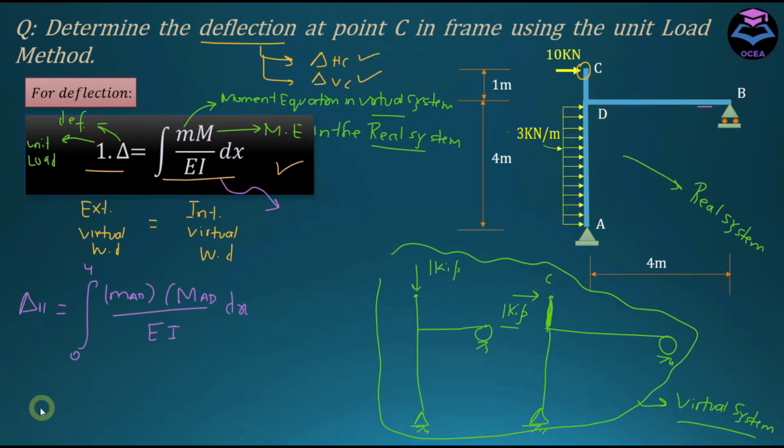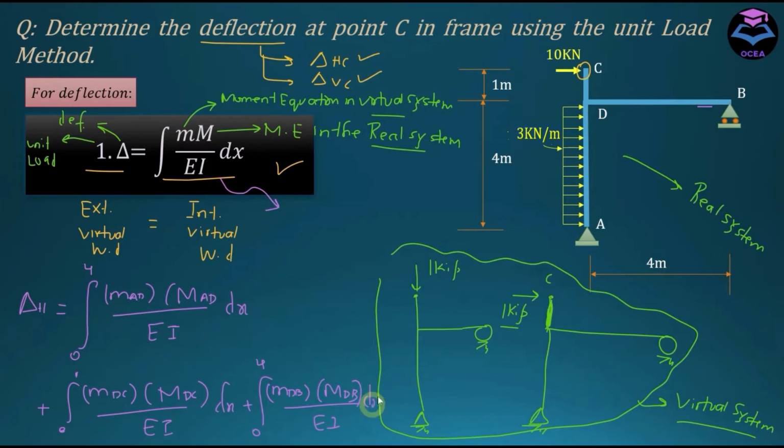For the DC member, it starts from 0 and ends at 1, and inside we have mDC times MDC over EI dx, plus for the last member DB, it starts at 0 and ends at 4, mDB into MDB over EI dx.